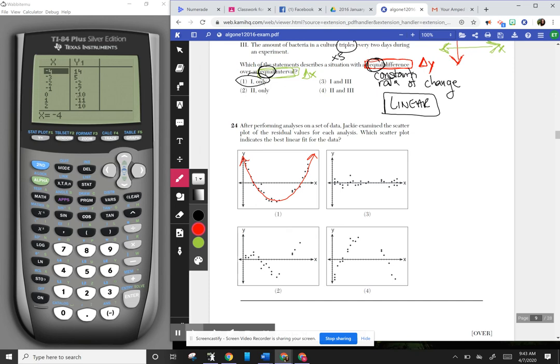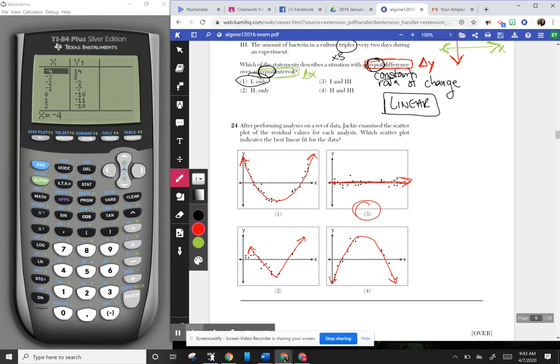In 2, it kind of looks like an absolute value. Again, definitely not linear. In 4, we can see that it looks like an upside down parabola. But in 3, if we were to draw a line of best fit, it would pretty much just be the x-axis. So our answer is 3 because that's the only one that looks like a line.